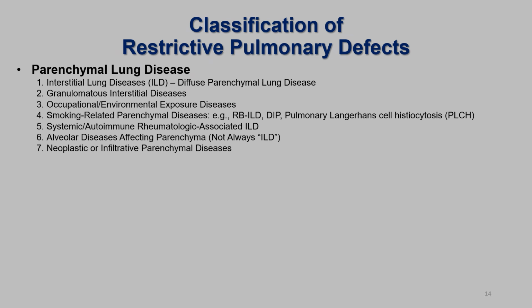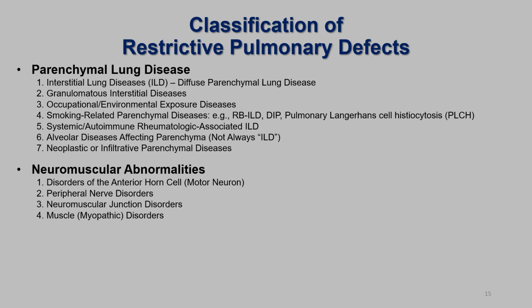Let's next review some classification and causes of restrictive pulmonary defects. If you're unfamiliar with these classifications and you don't plan on returning to this video, I highly encourage taking some screenshots. First up, parenchymal lung disease. Next up, neuromuscular abnormalities.